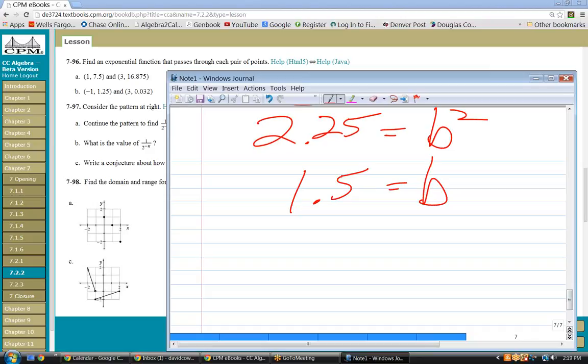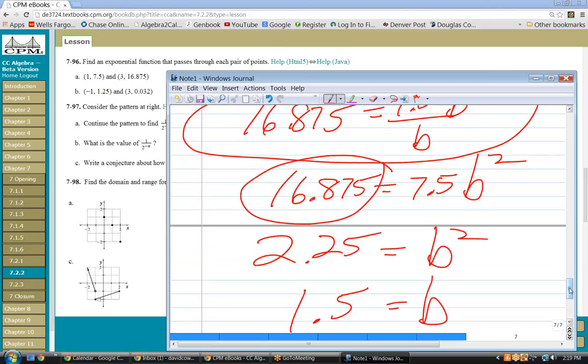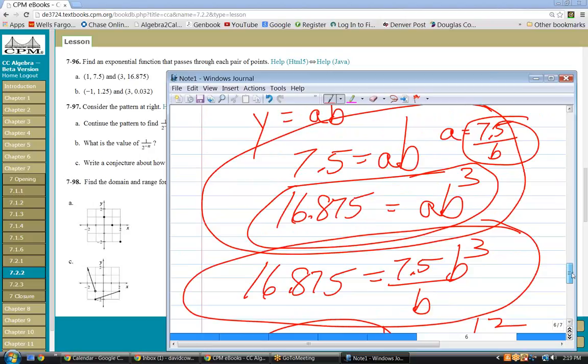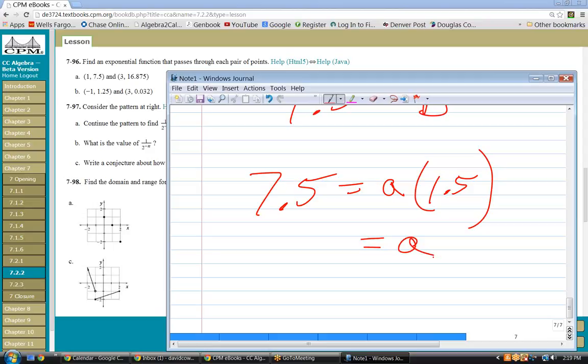So what's my equation? Now we've solved for B. Hold on, let's go back and solve for A. We know B is 1.5 and we know 7.5 equals A times 1.5. So what is A equal to?